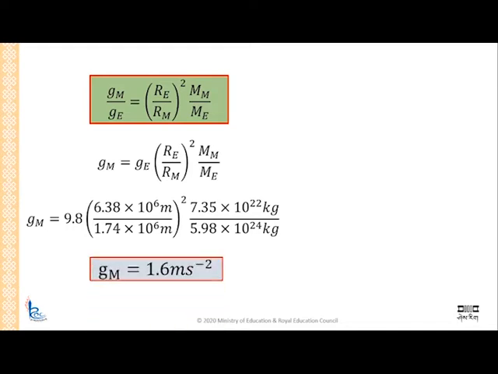Now again with this formula also we get the same value, that is 1.6 meter per second square. So this is the acceleration due to gravity on the surface of the moon.